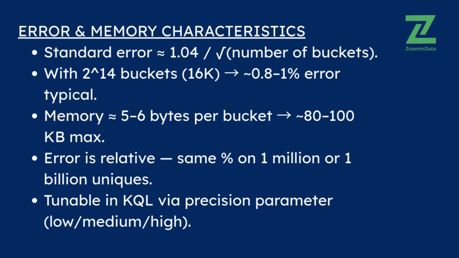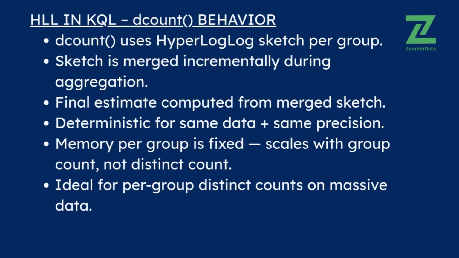The error is relative, same percentage whether you're counting 1 million or 1 billion uniques. In KQL you can tune this with precision settings, low, medium, high, trading a bit more memory for tighter error bounds. Beautifully predictable.